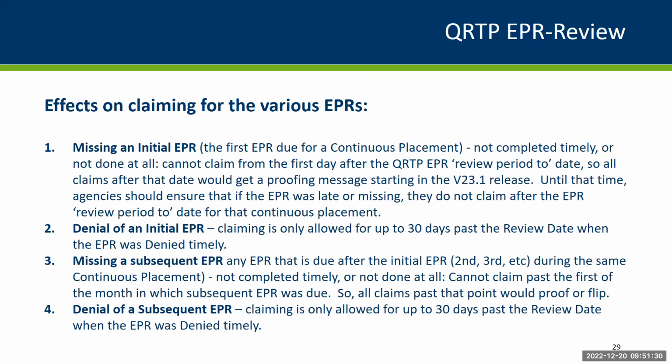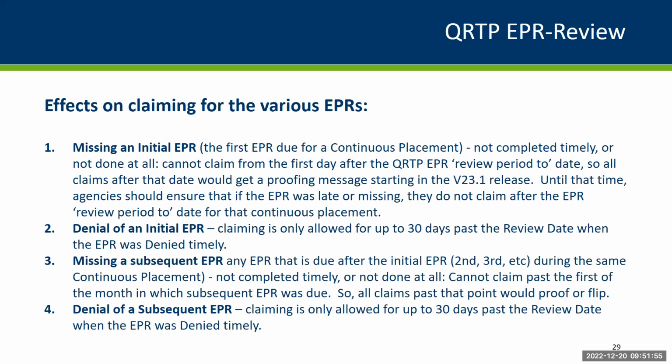And here's a screen that kind of brings all the potential claiming issues together for these EPRs. So here's a list of various effects on claiming for the different EPRs. Missing any extended placement review stops the agency from being able to claim federal Title IV-E reimbursement for the remainder of that continuous placement, right?